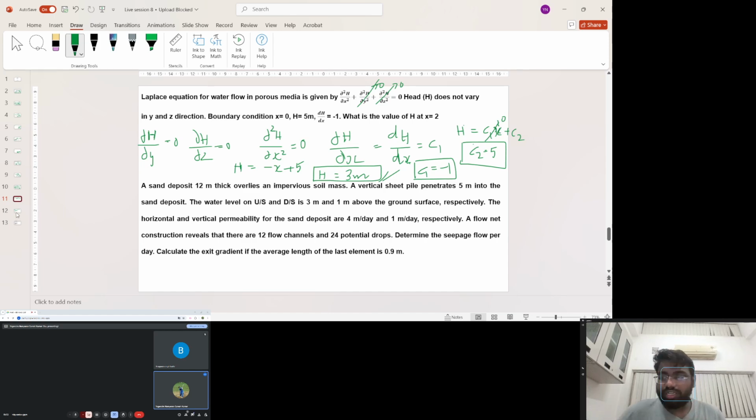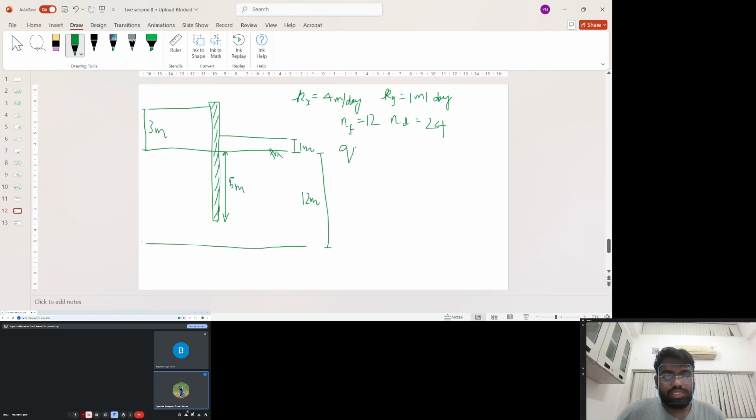Now, we have to find the discharge that is taking place and the exit gradient. For that we need to first estimate the head loss. Head loss H is equal to the upstream height minus the height at the downstream end, which is 2 meters. Now as per Darcy's law extended for two-dimensional flow, Q is K effective into head loss into NF by ND.